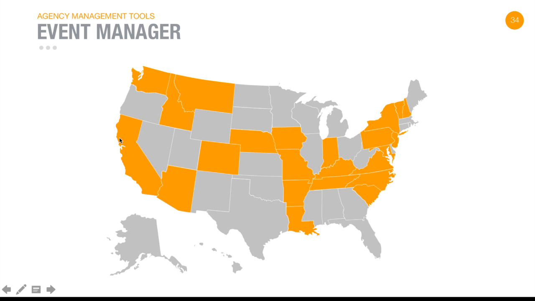So, jumping into a few things here, I just wanted to point out that all of the states in orange use Event Manager for some aspect of their agency programs. I'd encourage you to reach out to any and all of those states to ask them about their experience. You're probably going to get a variety of feedback. If you talk to Indiana, Kentucky, or Tennessee, they tend to use Event Manager for the more basic applications of just managing, say, hunter education.